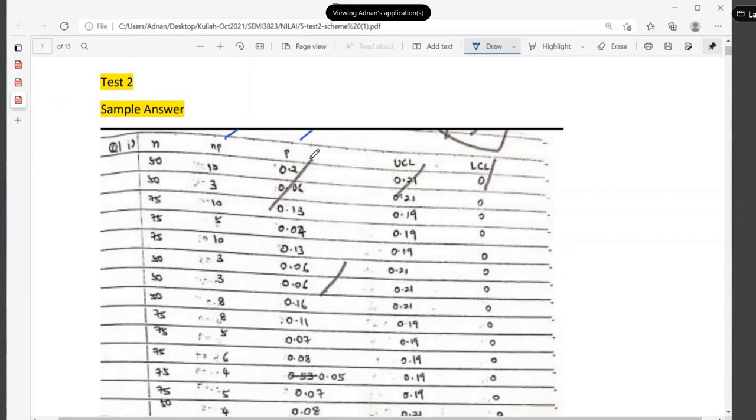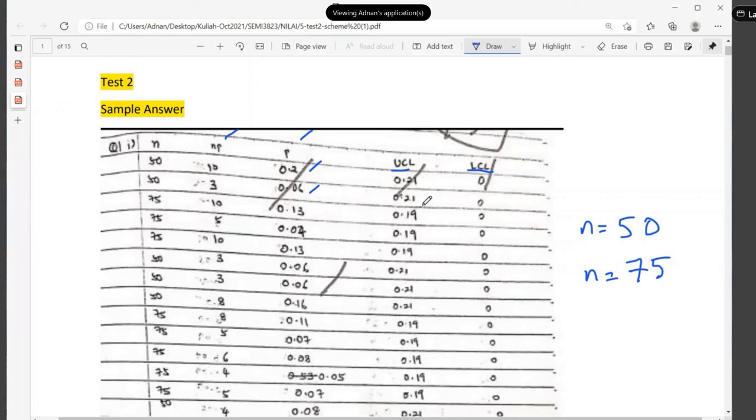P is the ratio that you have to calculate, 10 over 50, 3 over 50. So you get all these numbers. Then the upper control limit and lower control limit. It looks like a lot, but you only need to calculate for n equal to 50 and for n equal to 75, for the control limits.